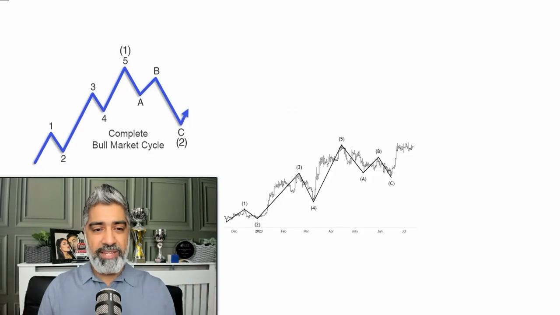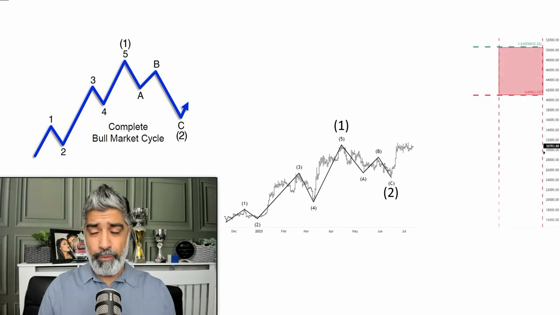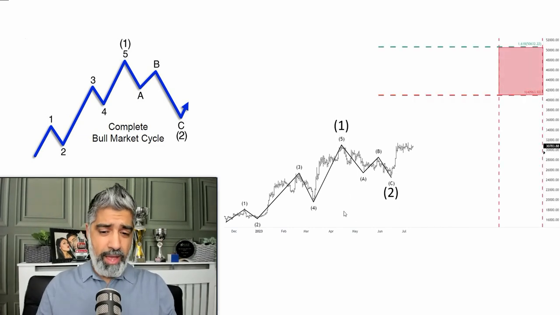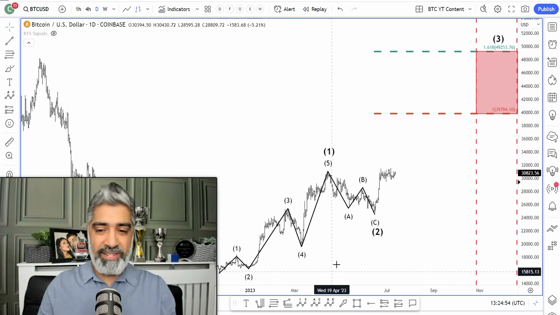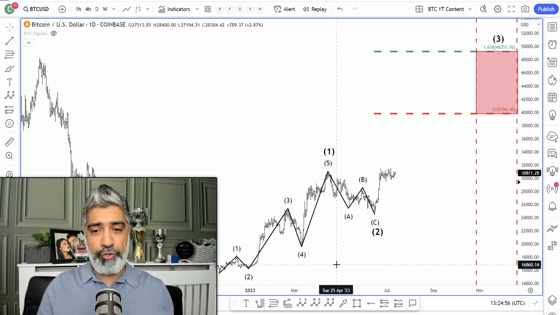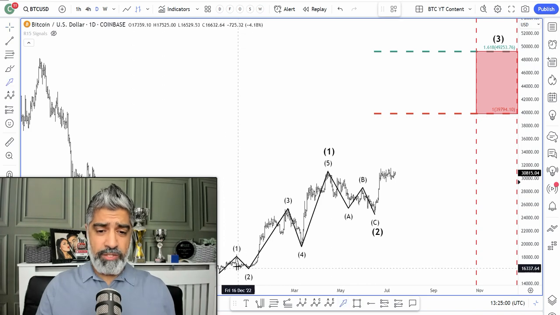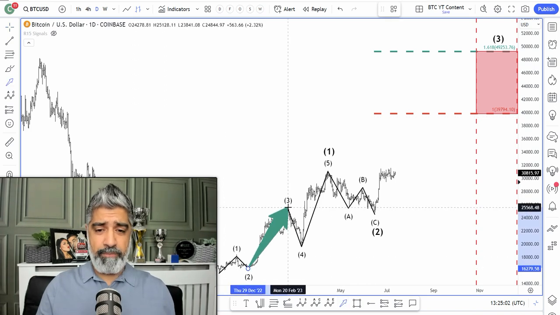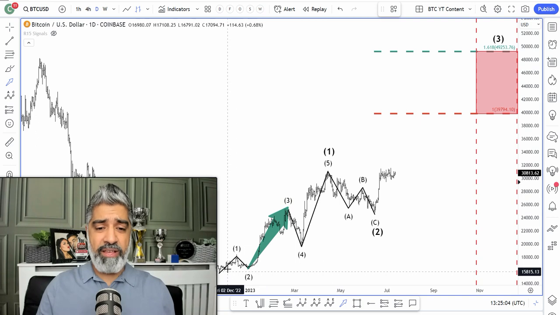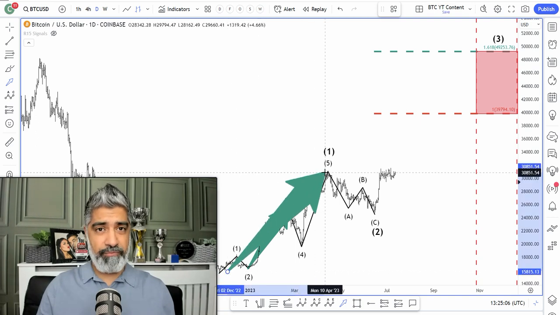So now let's look at this with Bitcoin. We spoke about this, so let's go to a live chart. I've backdated it to this point over here, and this is what we've drawn. So what we're basically saying is this: this wave 3 is a wave 3 in this 5-wave structure, right?